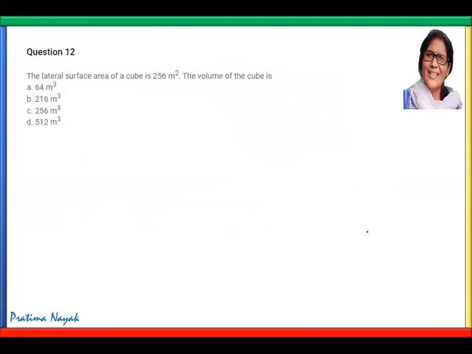Let's see. Question number 12. The lateral surface area of a cube is 256. The volume of the cube is what? 64, 216, 256, 512. So let us recall the lateral surface area. It will be 4 into side square. I am taking the side as A. So this will be 256.